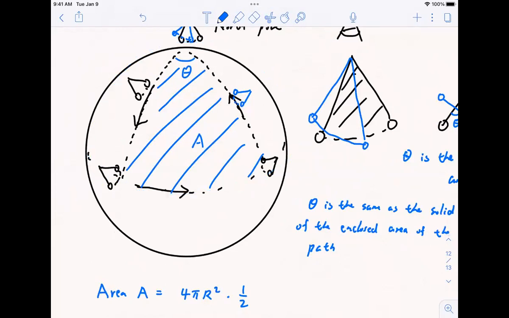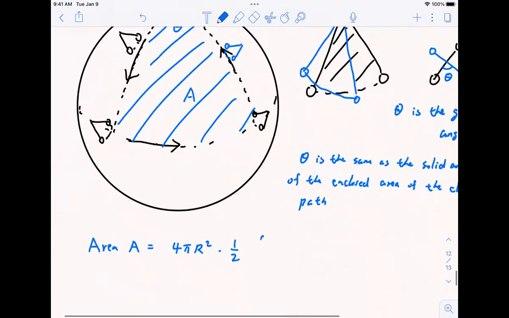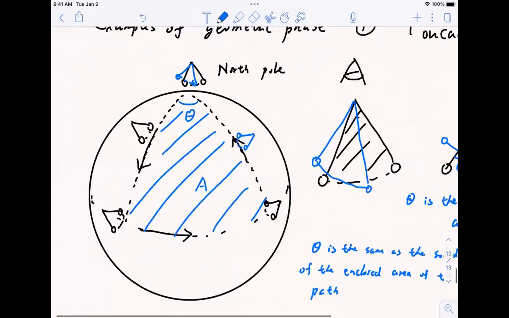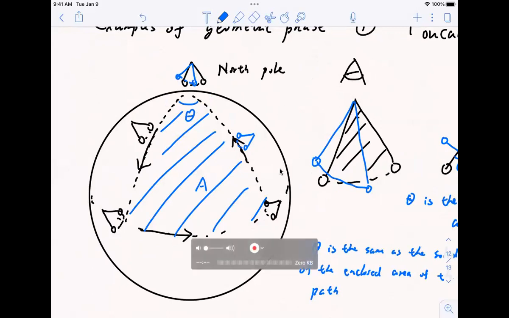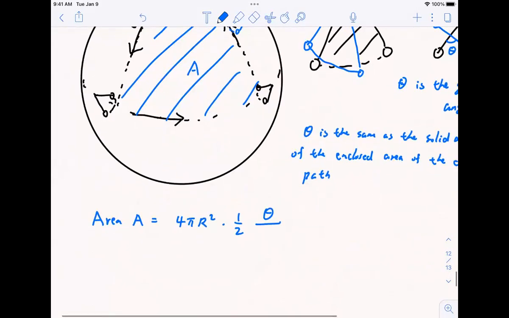Then you are taking a fraction of this angle, and if you make a whole round, it will be 2 pi.